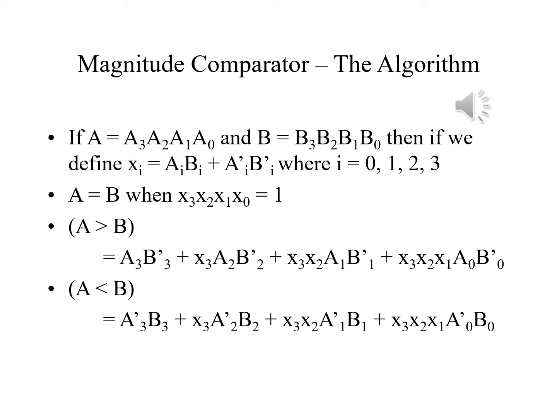To see if A is greater than B, let's look first of all to see if A3 is 1 and B3 is 0. If that's the case, since A clearly will now have a greater magnitude, then we know that A is greater than B. If x3 is true because the 2 bits have the same value, let's take a look at A2 and B2 prime.